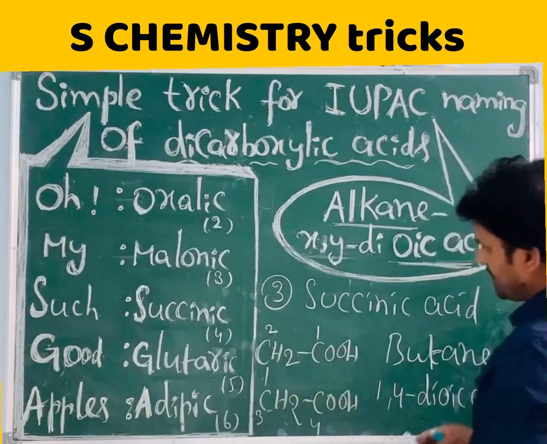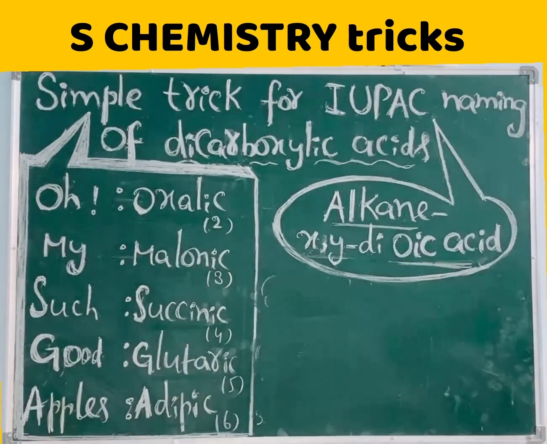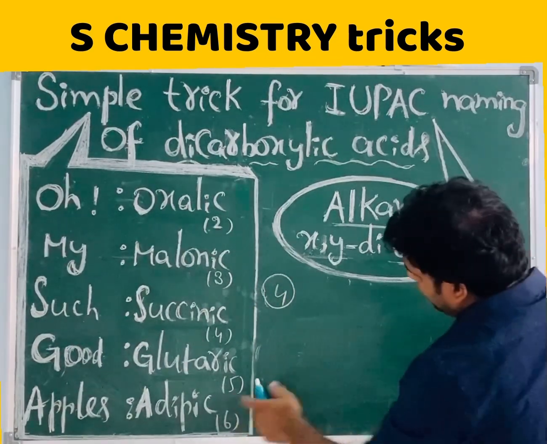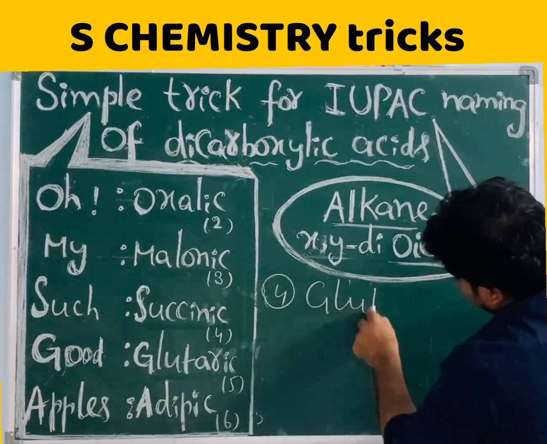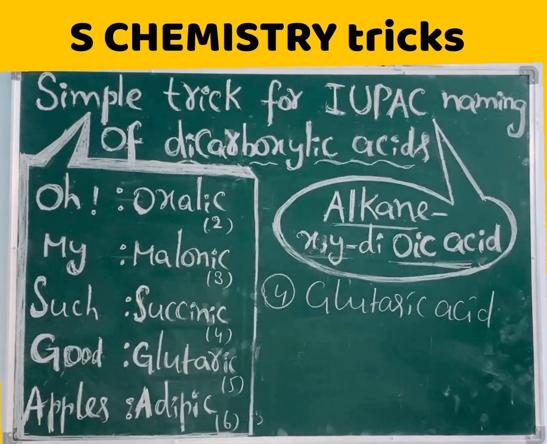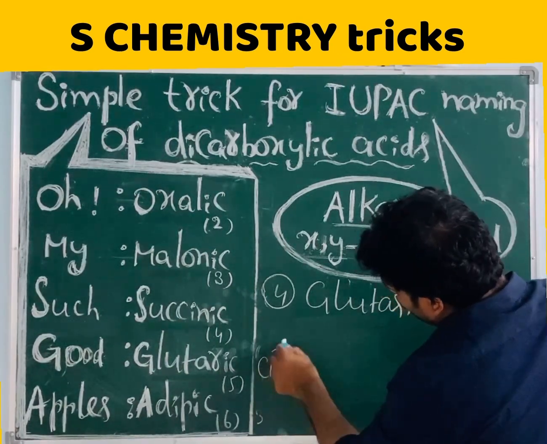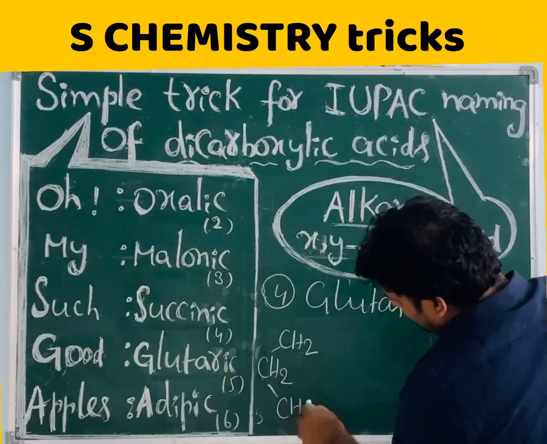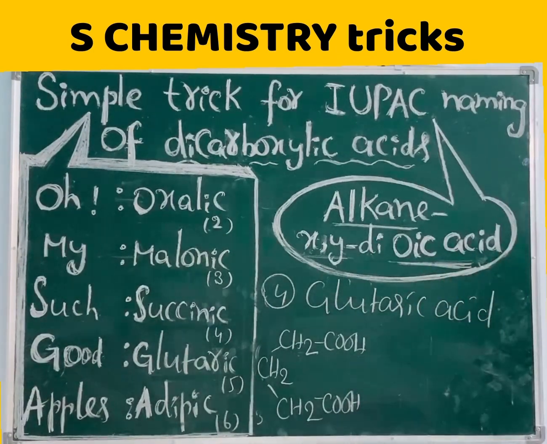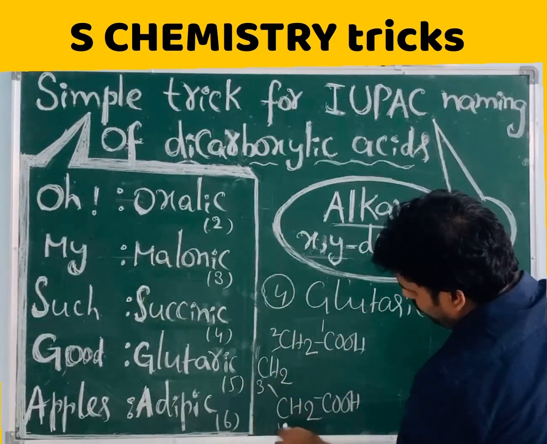The next one, the fourth example, is glutaric acid. Students, how many carbon atoms does glutaric acid contain? 5 carbon atoms. It is a 5-carbon dicarboxylic acid. The structure is like this: COOH, CH2, CH2, CH2, COOH. According to IUPAC nomenclature, the numbering is 1, 2, 3, 4, 5.